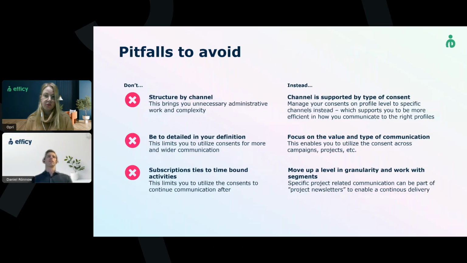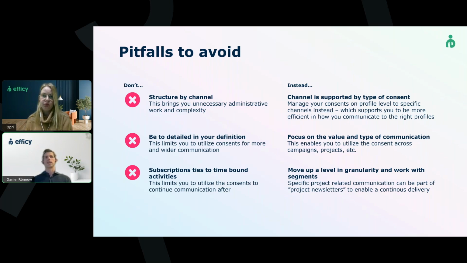Of course there are a number of pitfalls that you can run into. Here are 3 of them that you should probably try to avoid. One of them is structuring by channel. This creates unnecessary complexity in your setup, because the channel part is already supported by the consent.